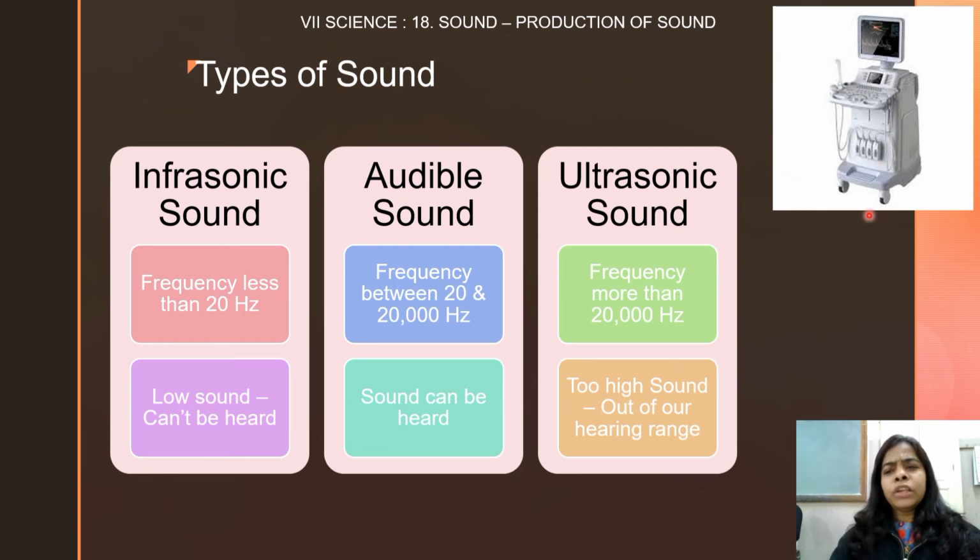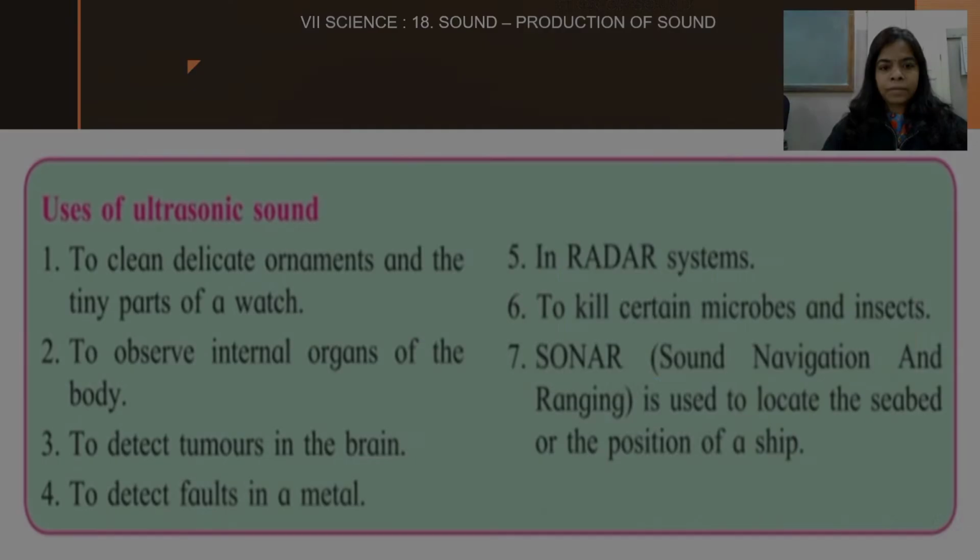If somebody has got a problem with stomach, intestine, kidney, then also we are using this ultrasound machine. It is using ultrasonic sounds, so high that it is going beyond our hearing range, so we are not able to hear the sound at all. That's why we consider it a bit harmful, children. It's not such a good thing.